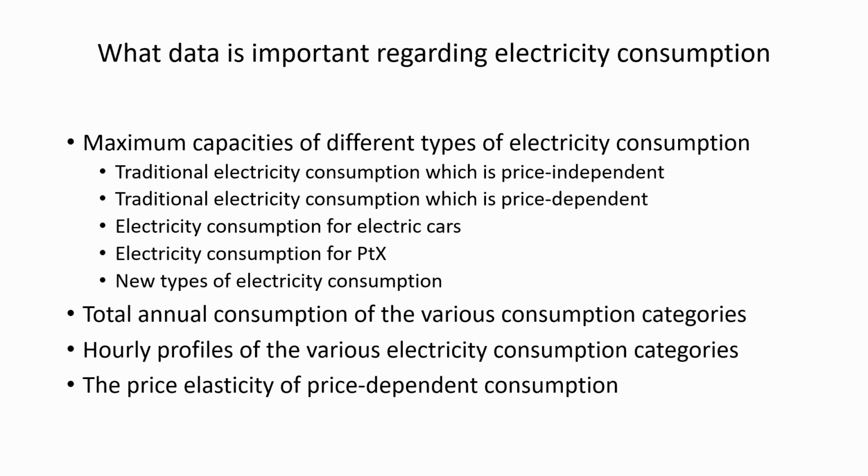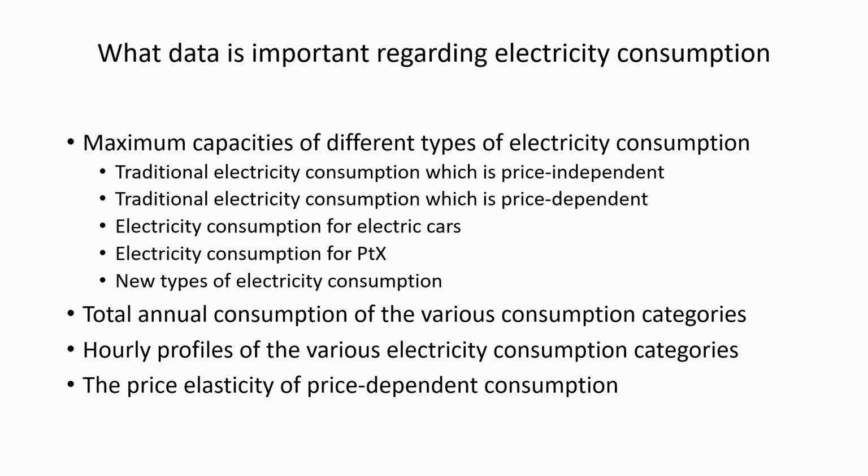The task here is to set up the demand curve that you need to have when you're doing market analysis. And the data that is important in order to set up the demand curve is the following. You have to know the maximum capacities of different types of electricity consumption. You have the traditional electricity consumption, which is price independent, and the consumption that is price dependent.